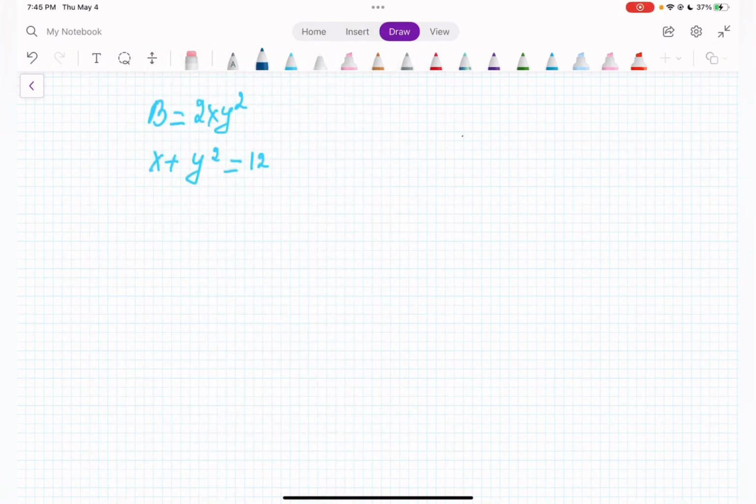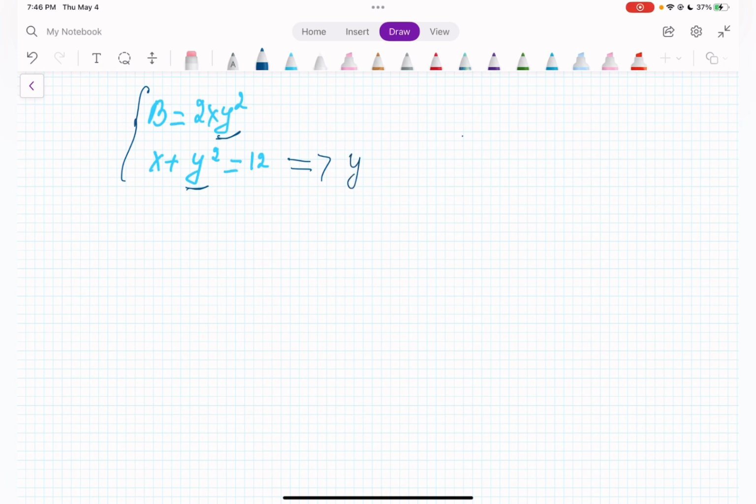Let's find the maximum using this system of equations. From the equation x plus y squared equal to 12, look what's interesting: here I have y squared, that means I can find y squared from here.